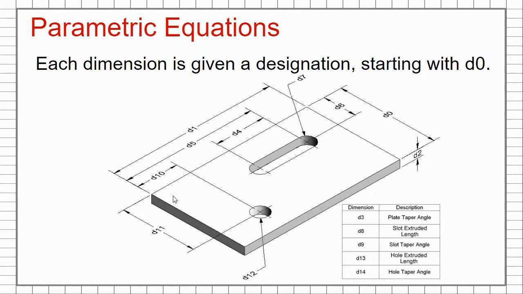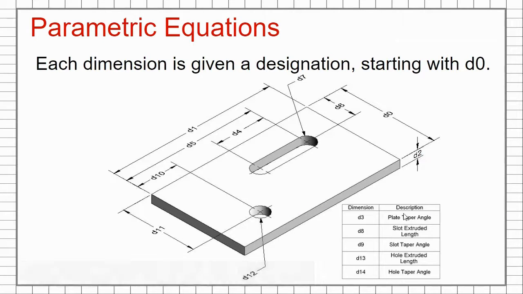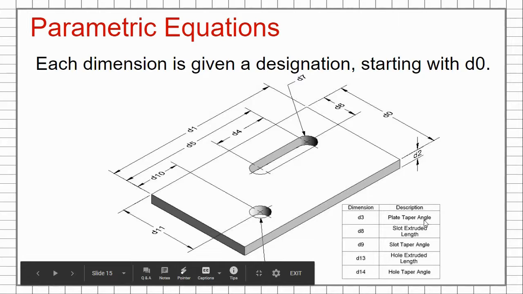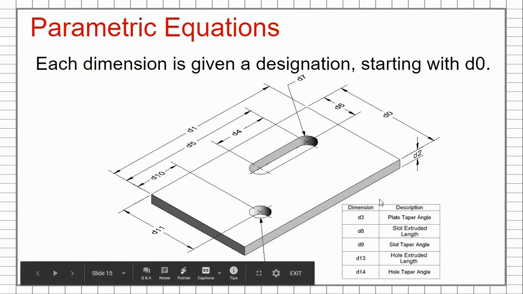Then, when the rectangle was extruded, it got two new dimensions, D2, which is the thickness of the part, and D3, which is the taper angle of that extrusion. We usually use 0 for this, but we've also seen how we can use a taper angle in an extrusion. Every time you make an extrusion, it gets a taper angle with a dimension designation, whether or not you put an angle on it.